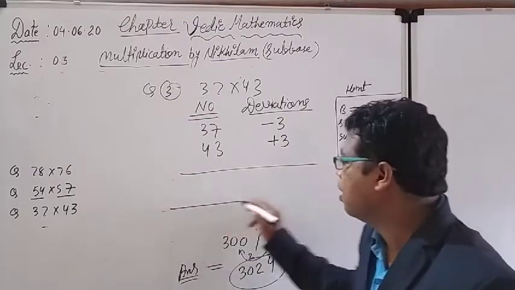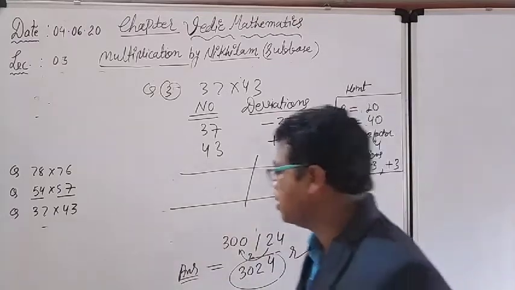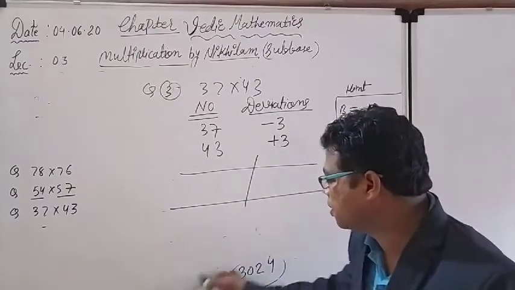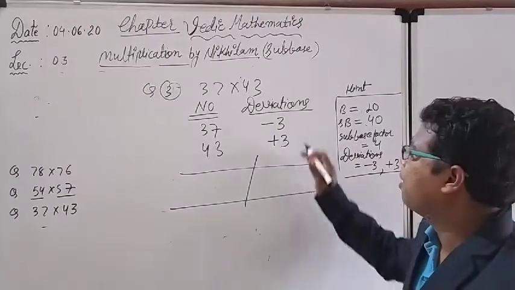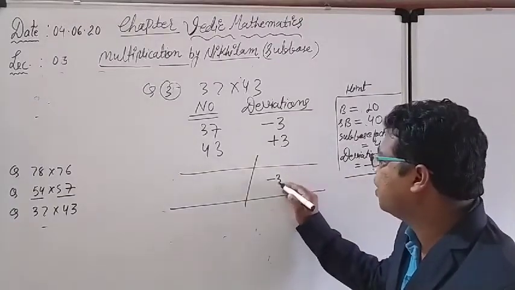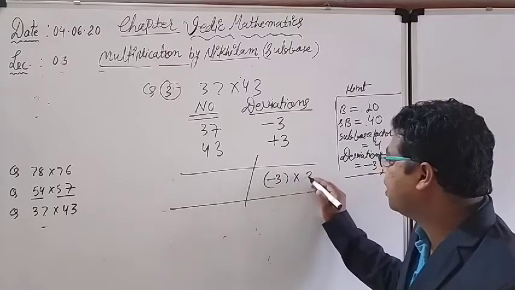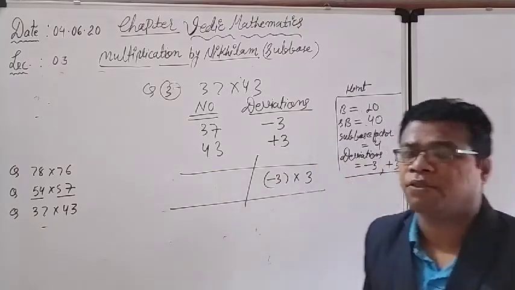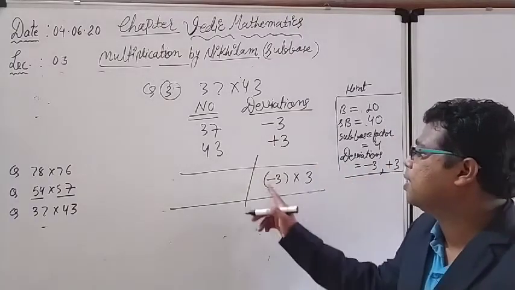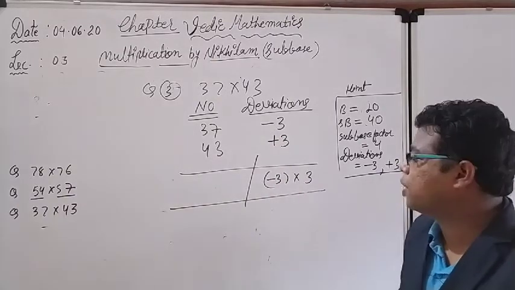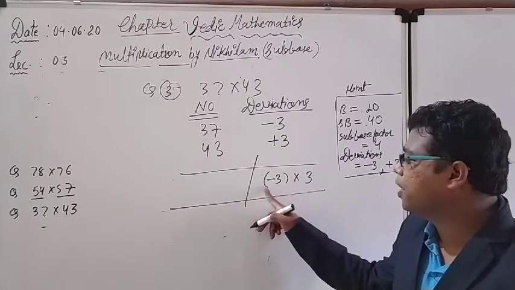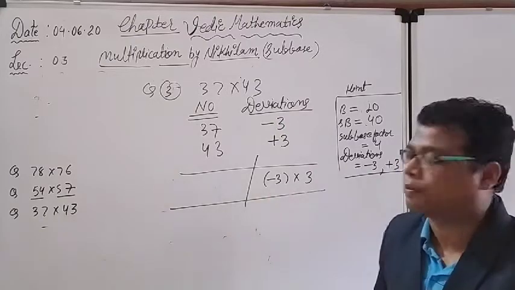Right now I have to solve the answers within the two parts. See, one by one. In the right hand part, I have to go for the multiplication of deviations with their signs. Right now you can see one deviation is negative and another deviation is positive, so I have put the negative deviation within the bracket.